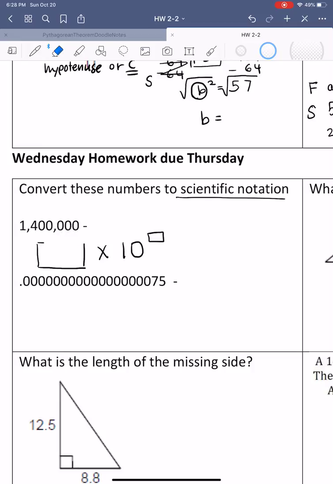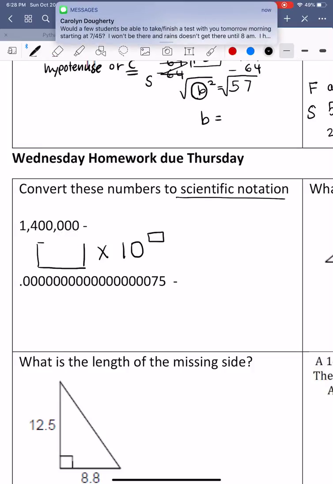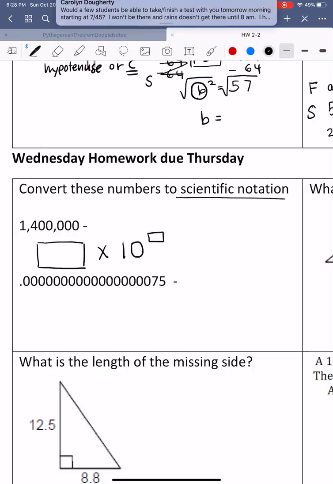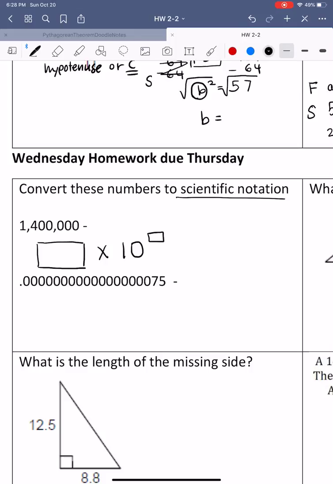And so in order to get this decimal point to a place where it would be between 1 and 10, it is right here, because this would give us 1.4. But now I need to know how many times I would have to move it. So it would be 1, 2, 3, 4, 5, 6 places.